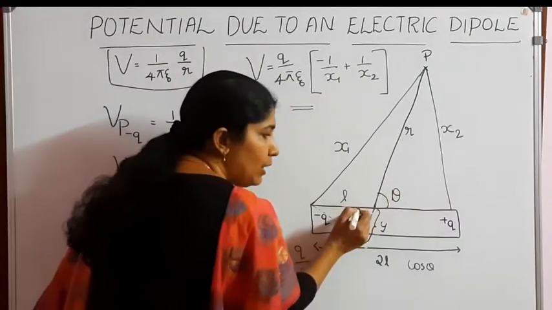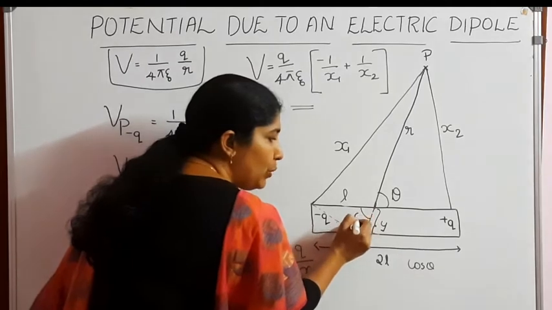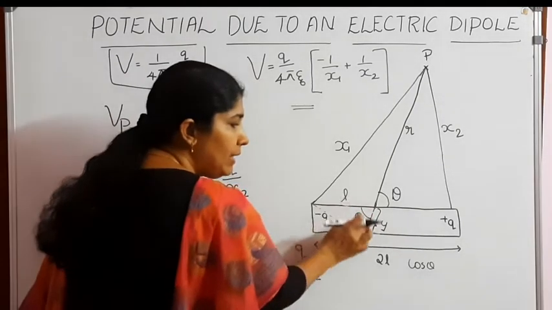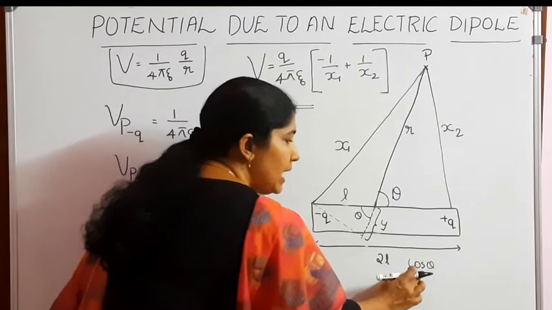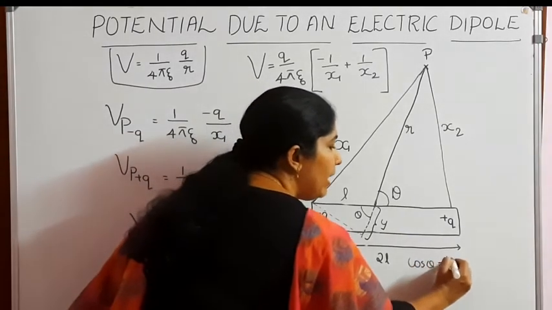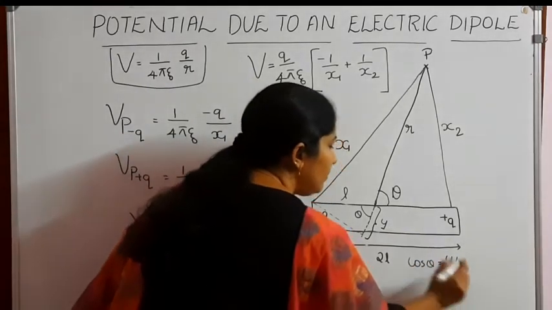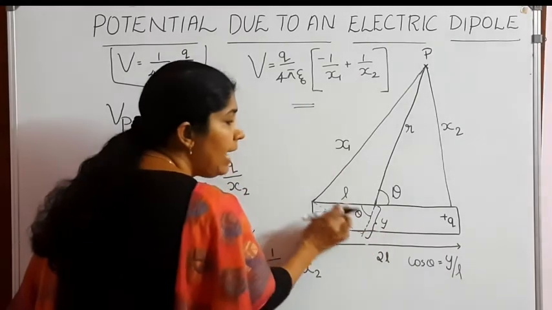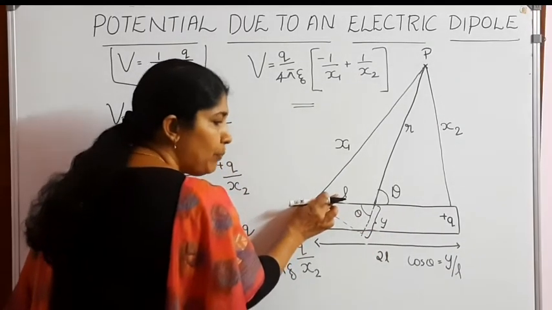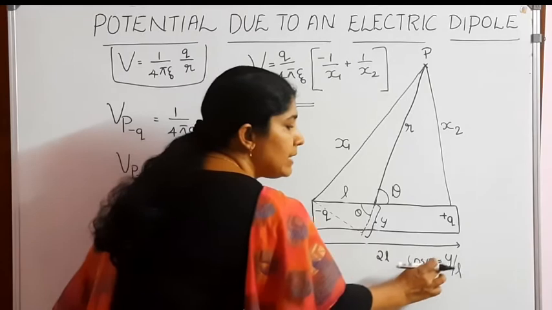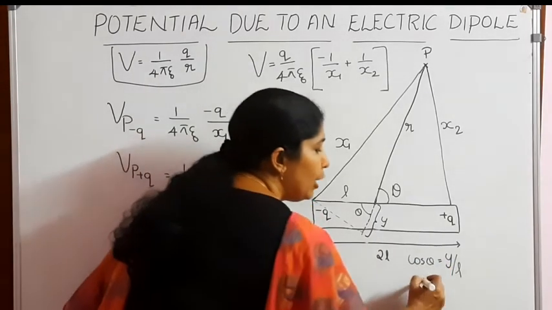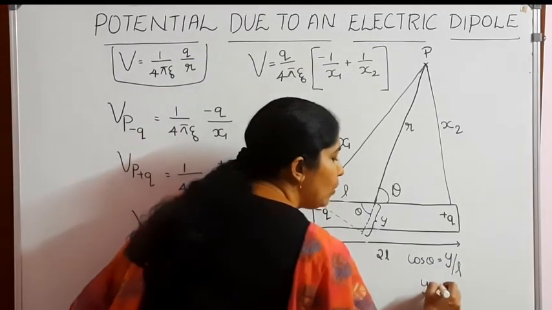Then this angle is equal to theta, and this angle is also equal to theta. Now applying trigonometry, cos theta is equal to y divided by L, since y is the adjacent side and L is the hypotenuse. Therefore y is equal to L cos theta.